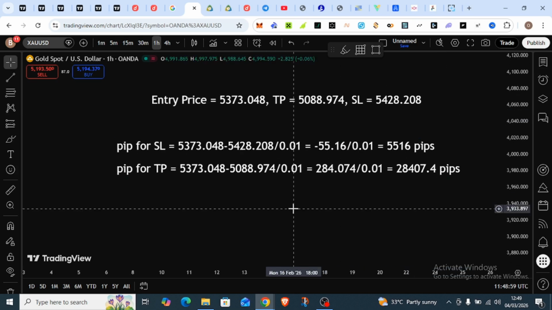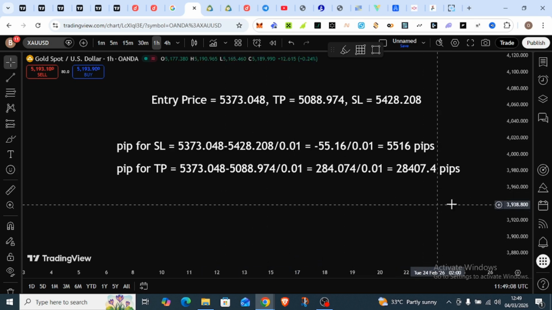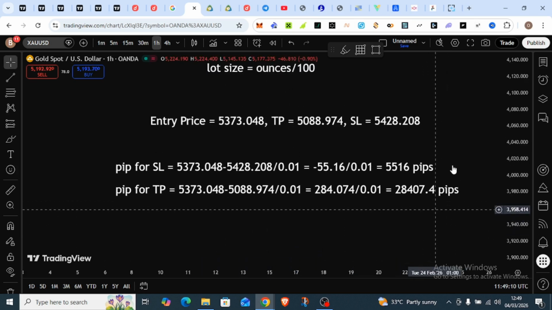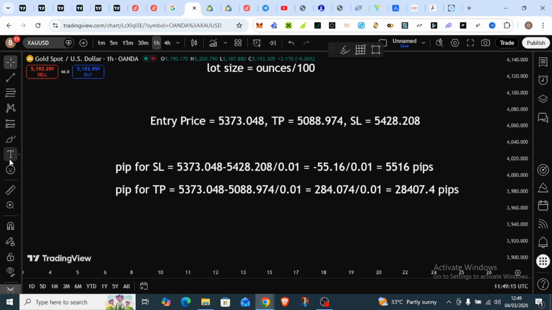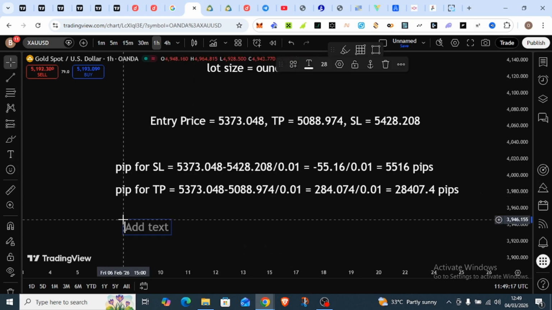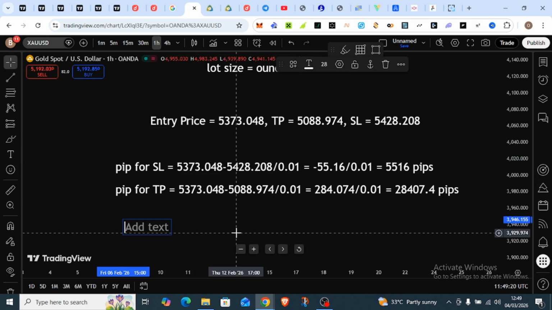Having gotten the pip movements, the next thing for us to do is to calculate the pip value. So pip value now is gotten from the formula I already stated, that pip value is lot size in ounces times 0.01 USD.